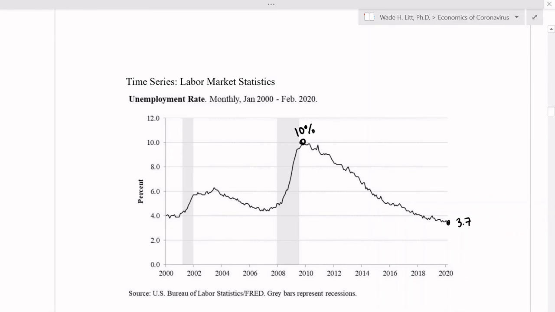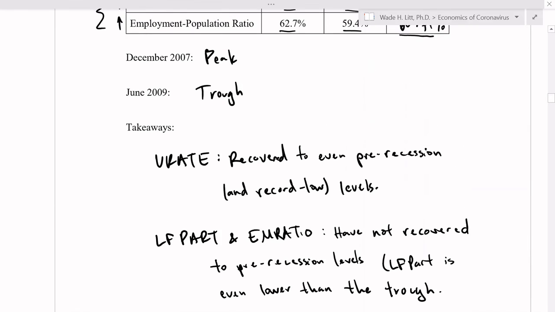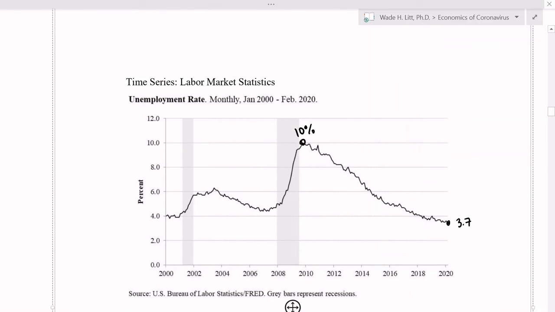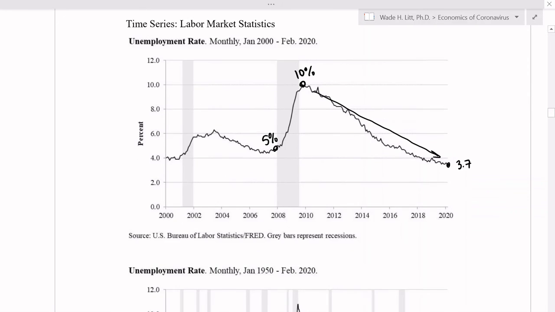Down here at December 2007, right before the recession started, 5%. Okay, and so as you can see, during this last decade, we've been fairly constantly declining in the unemployment rate.